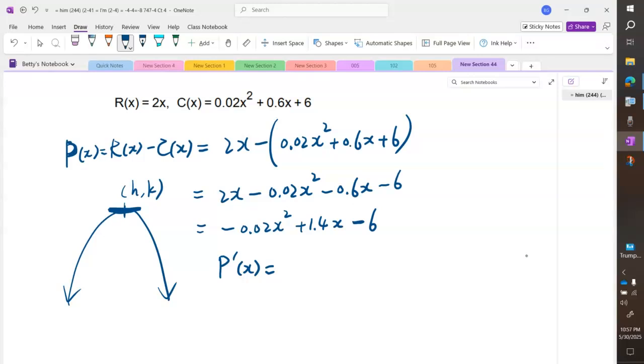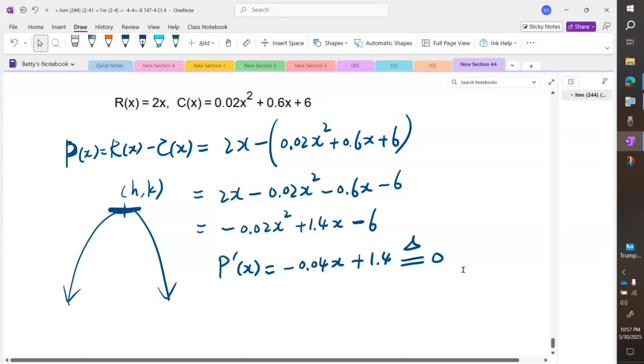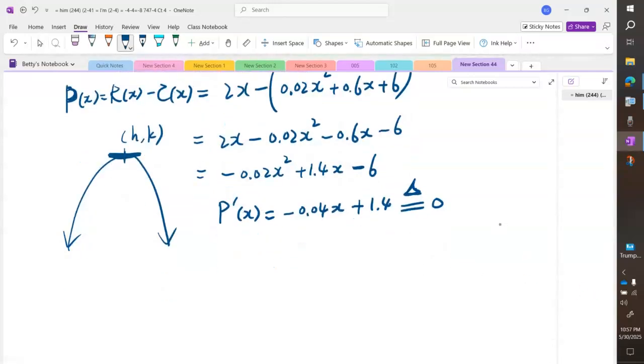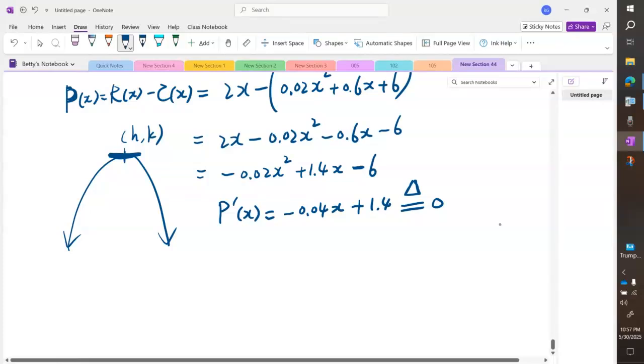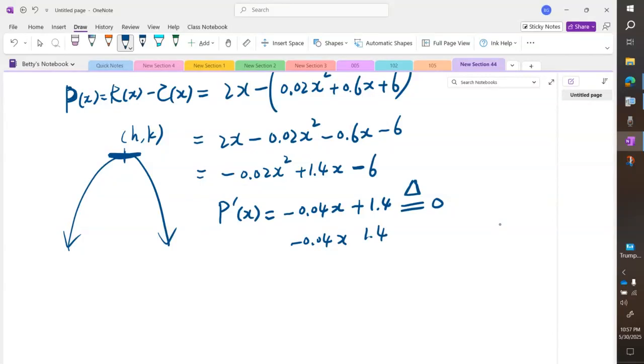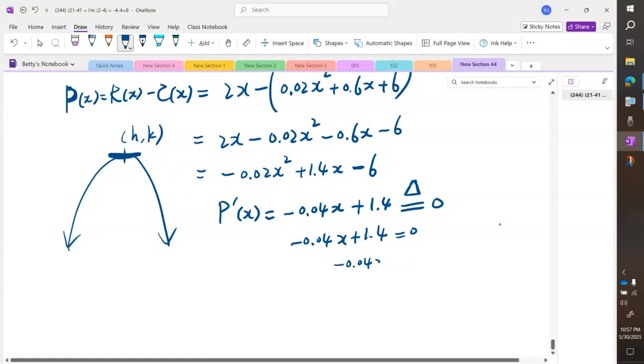Let's take the derivative of the profit function. Negative 0.04x plus 1.4. Make the derivative of the profit function equal to 0. I mentioned that this means make it be 0, right? It's my own notation. Then we have negative 0.04x plus 1.4 equals 0, and then negative 0.04x equals negative 1.4.